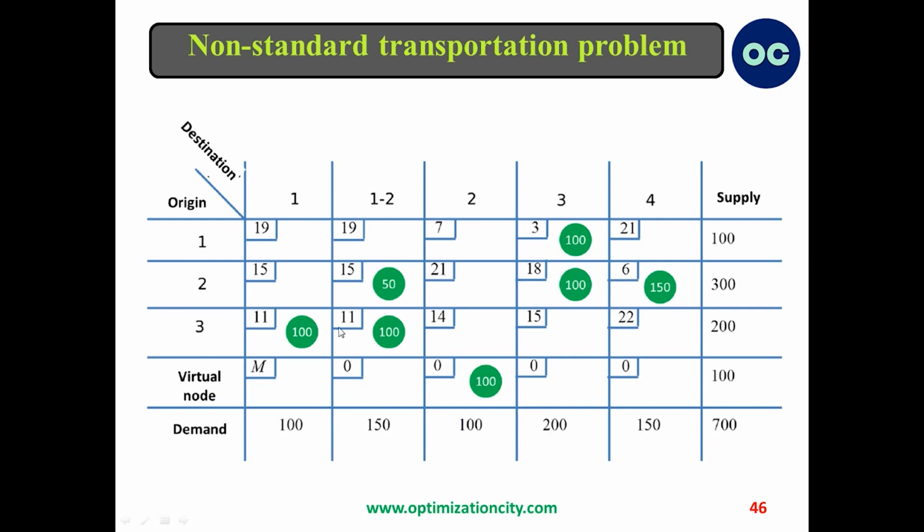So it's not impossible to get a value between 100 and 150 if we don't set the cost of the virtual node to 1 equal to M. By setting the cost as M, we guarantee that the minimum input for node 1 remains at 100 units.